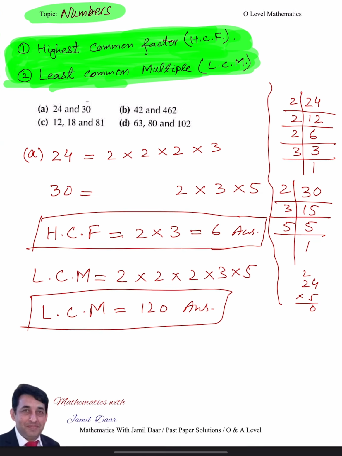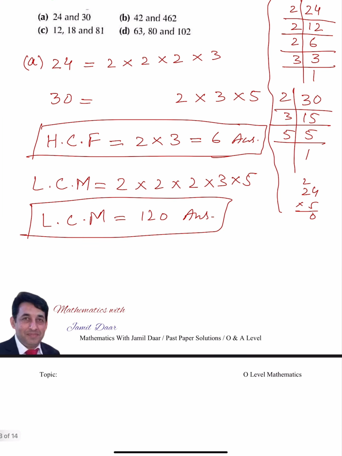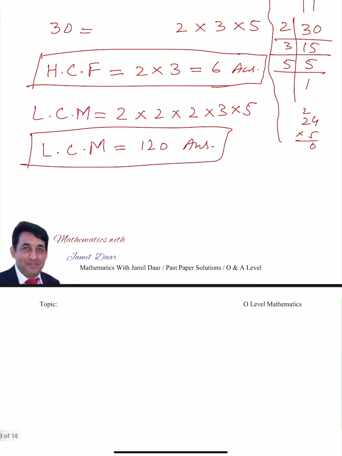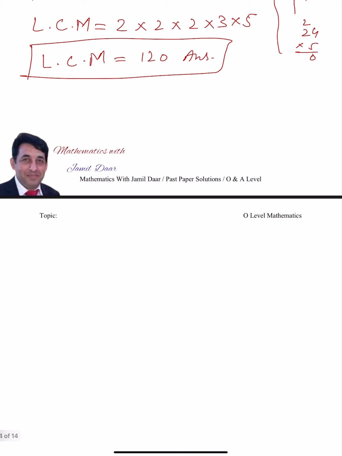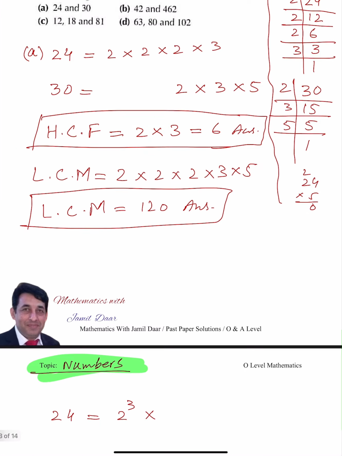Sometimes we do it like this: we have done the prime factorization of 24, which is 2 raised to the power of 3 into 3.